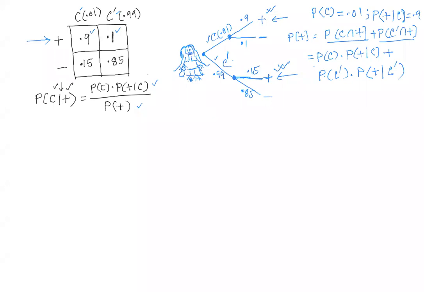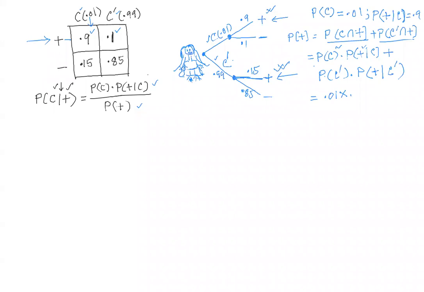Now I just plug in these values. This is pretty easy. Probability of cancer is 0.01 times the probability of testing positive given that the person has cancer, which is 90%. Testing positive given that you have cancer, that given C restricts you to the first column.